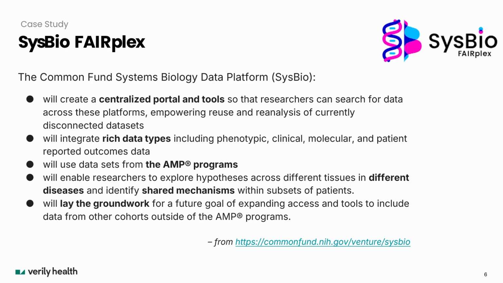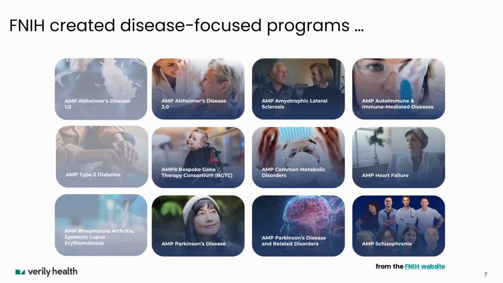An example, this is the case study, is a project that my team, together with several others, is working on. The NIH put out a call for a SysBio project, SysBio for systems biology. The idea was we have a bunch of data in different silos, and we'd like to make it work better together. The data in this case was the FNIH AMP data.